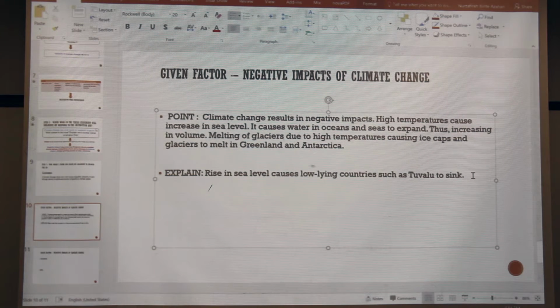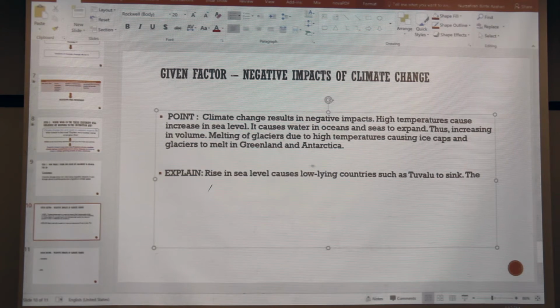When it sinks, usually for examples like this, it's best to put in statistics, numbers as well. If not accurate, will they mark us down? They wouldn't mark you down. It's just that you will be given a mark. Rise in sea level causes low-lying countries such as Tuvalu to sink.